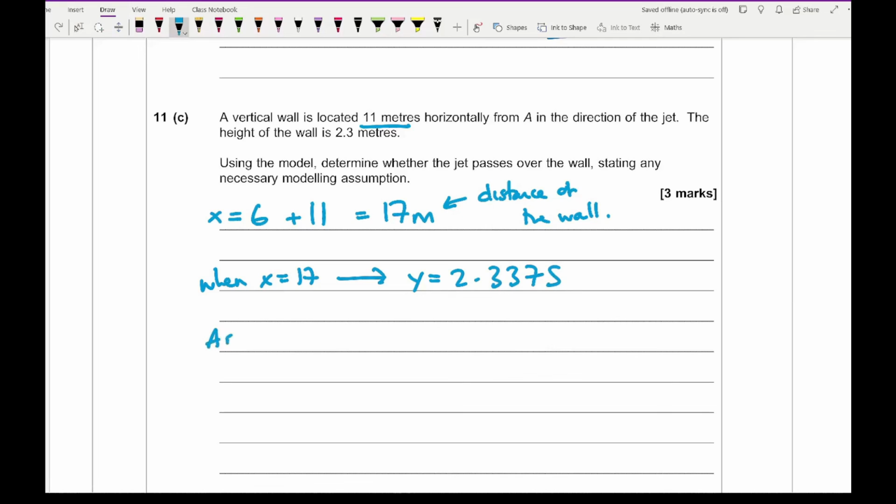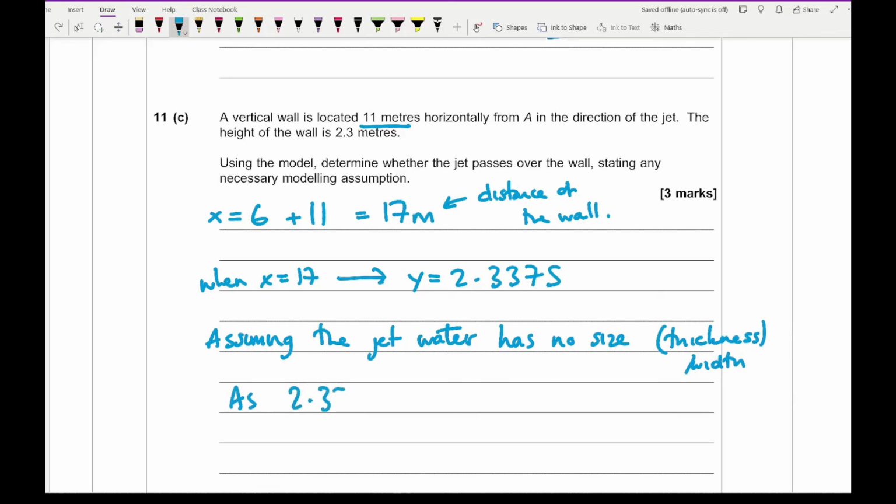Well, assuming the jet of water has no size in terms of thickness, or width, as 2.3375 is greater than 2.3, because 2.3 is the height of the wall, and this is the curve.